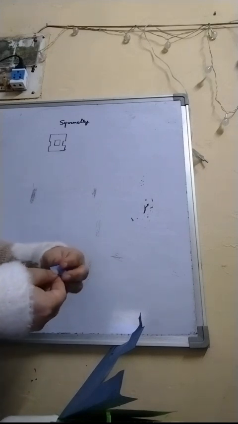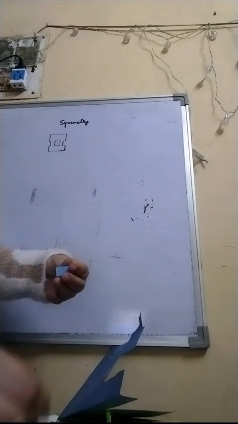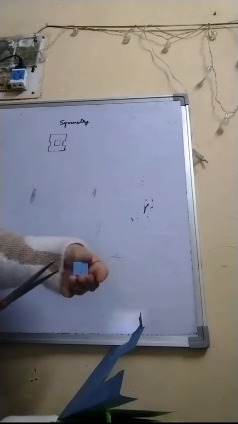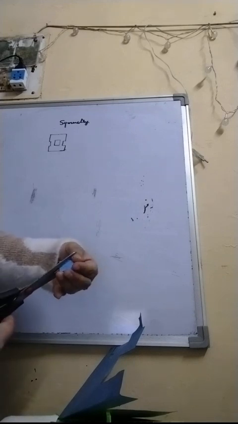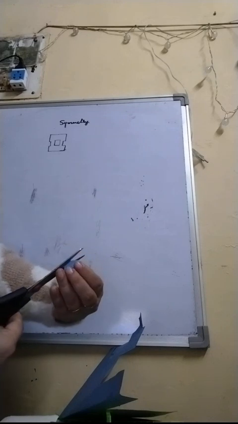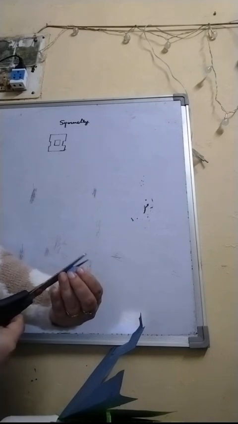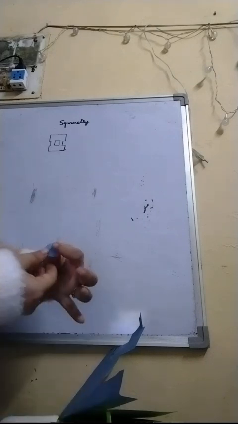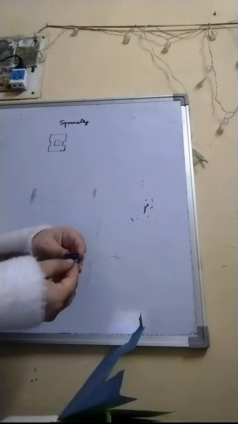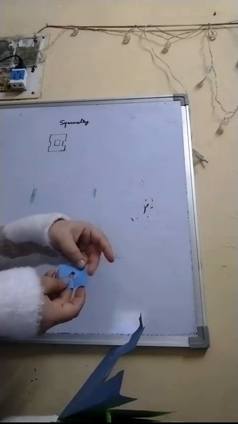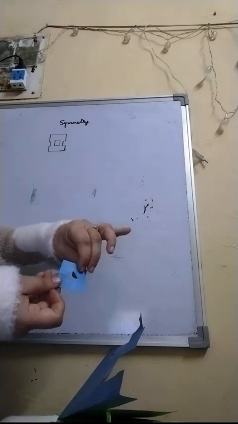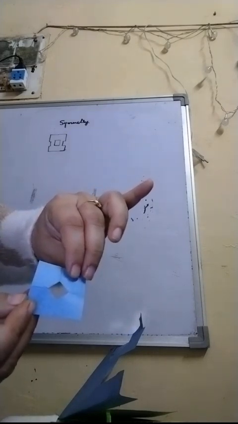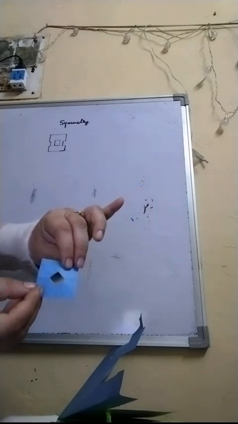After this, what you have to do is, because you need corners to be along the fold, you would cut the square diagonally. Cut the paper diagonally like this, and when you open it, you would get the rotated square. So you can see here we have got a rotated square.